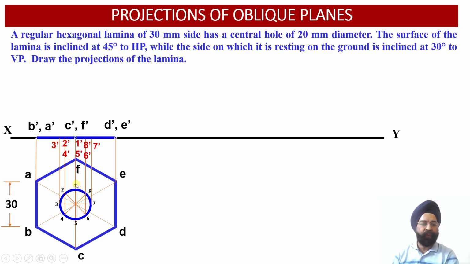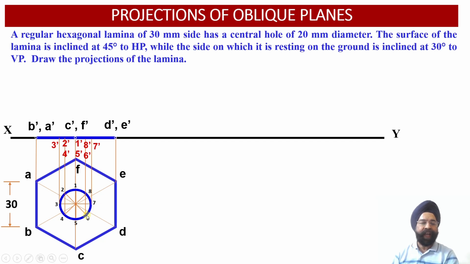Similarly, points 1 and 5 will again coincide with each other in the front view projection. So we are going to obtain points 1 dash, 5 dash, and again they are going to coincide with the points C and F over here. So we get C dash, F dash, 1 dash located at the central position over here.